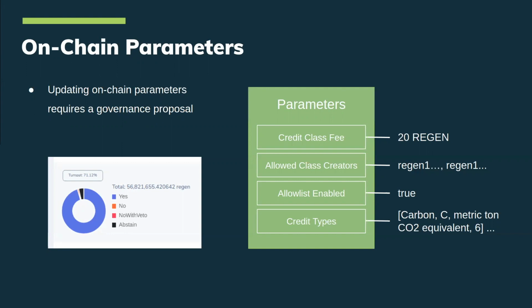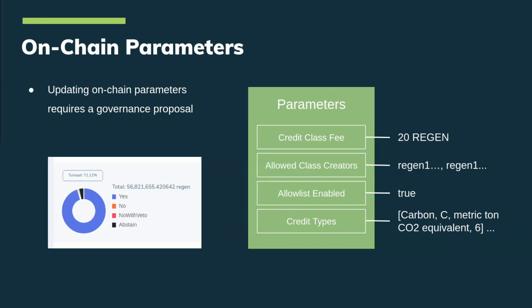One was enabling IBC transfers, enabling token transfers, and another one was increasing the max validator set. So we've already gone through 3 governance proposals for updating parameters, and these parameters within the ecocredit module would need to go through the same proposal process.